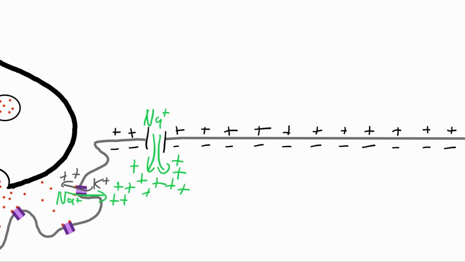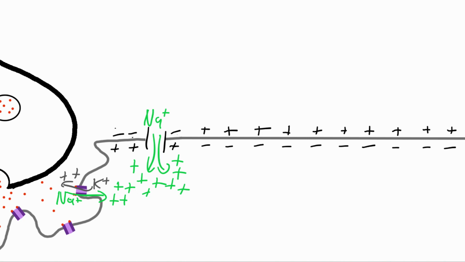Now the positive ions going in are going to cause a change in the localized membrane potential. The inside is becoming positive, while the outside is becoming negative. So what we've done with this one single voltage-regulated sodium channel is cause that particular point to depolarize.